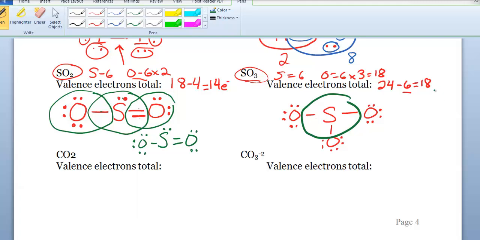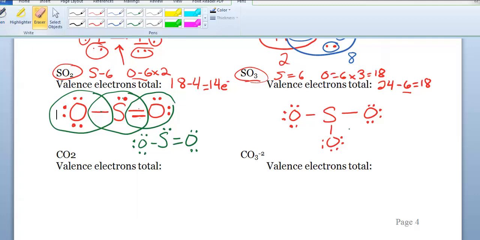So in order to verify that I'm doing the right thing, I am going to do a quick check and make sure that I have the right number of electrons, make sure I didn't make any mistakes. So 2, 4, 6, 8, 10, 12, 14, 16, 18, 20, 22, 24. Yep, that's the number of electrons I'm supposed to have.